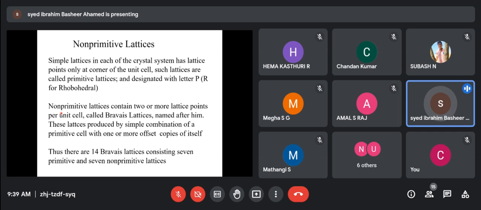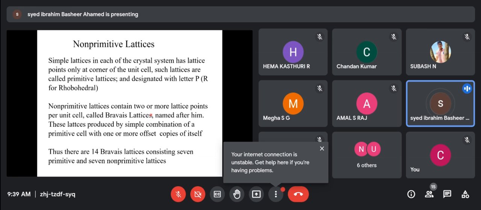There is another type of lattice that's called a non-primitive lattice. Okay, so in this non-primitive lattice, you will have 2 or more lattice points. Okay, such lattices are called Bravais lattices.